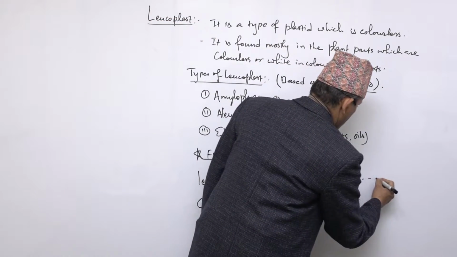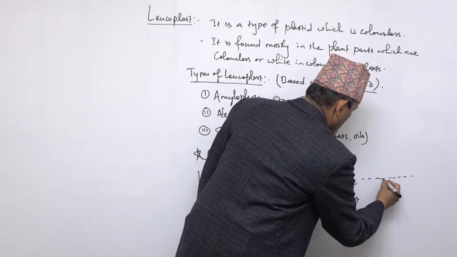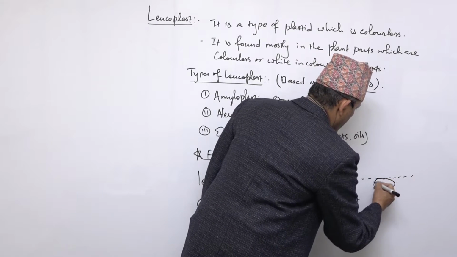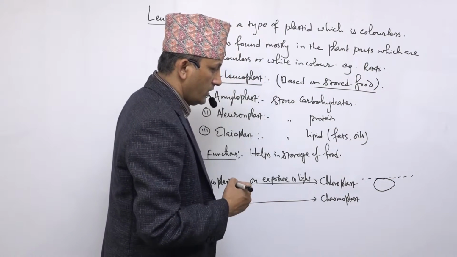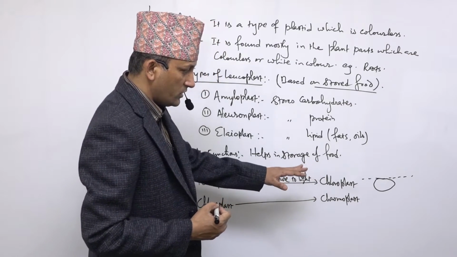Let's suppose this is the soil surface, and this is one potato growing in the soil, completely inside.